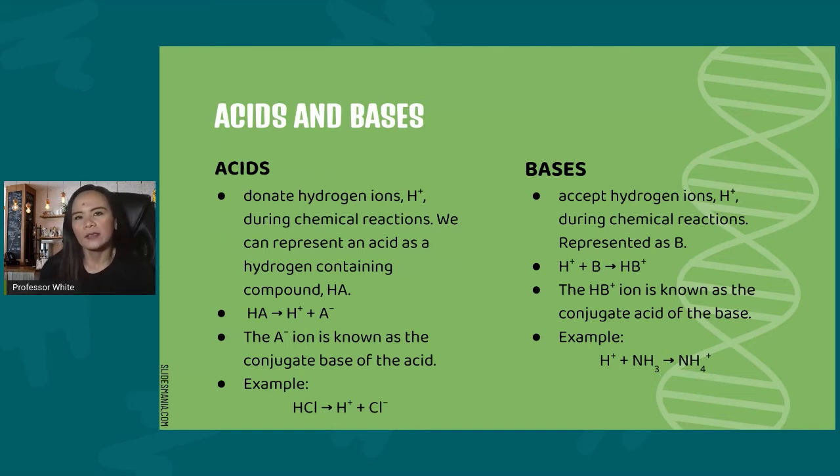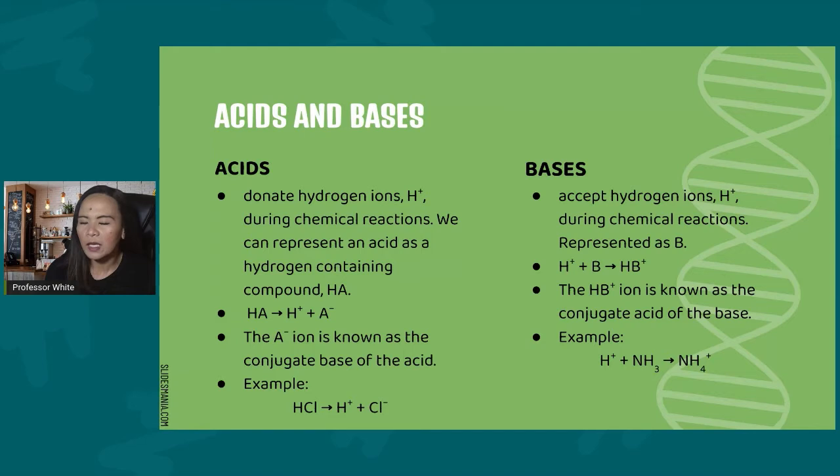Now, how about the bases? Bases accept hydrogen ions, H+, during chemical reactions. This is represented by the letter B. This compound tends to accept the hydrogen ions H+. So in this equation, B accepts the H+ from the acid to form HB+.